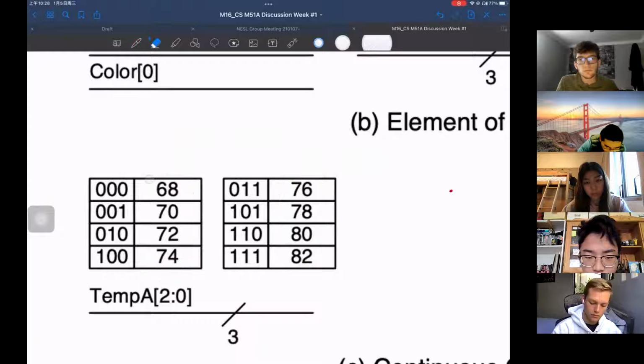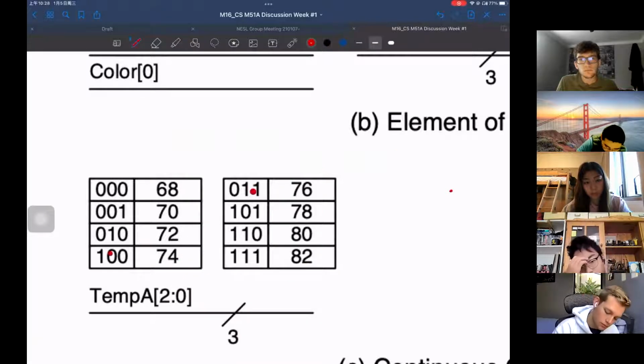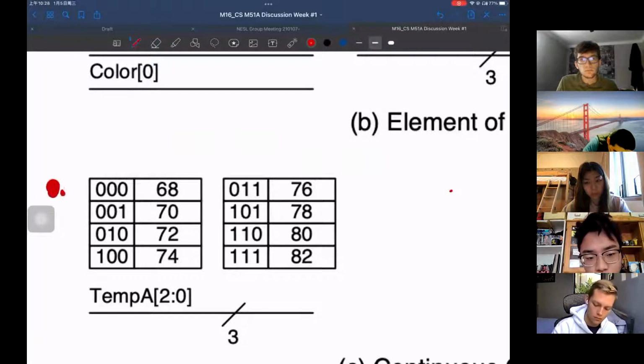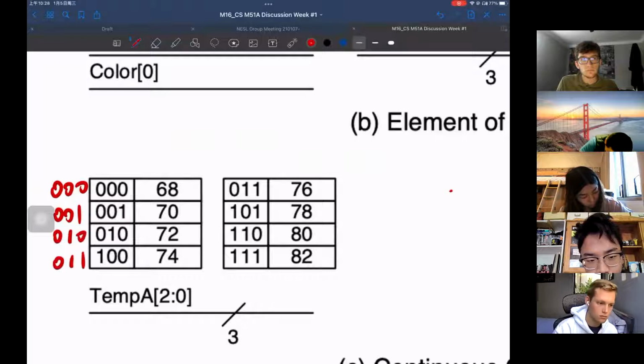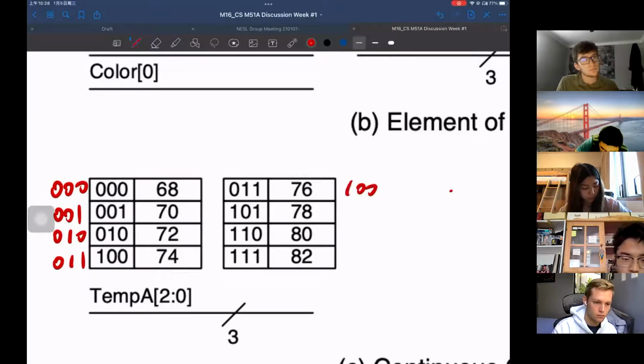So again, we are just using binary 0, 1, 2, 3, 4, oh, sorry. Ideally, this is what I can do. 0, 0, 0, then 0, 0, 1, 0, 1, 0, 0, 1, 1, and then 1, 0, 0, 1, 0, 1, 1, 1, 0, 1, 1, 1.